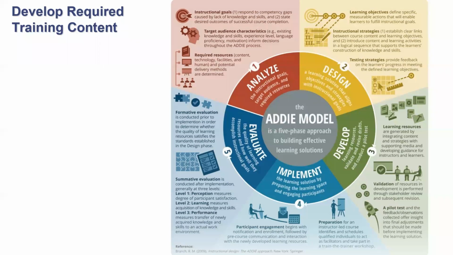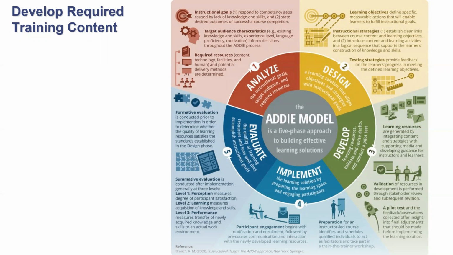Next is the implementation. So after development, you should have your course content, and now we're ready to implement. And this is really where we are making sure everything's been fully tested. Now we're ready to share with the learner. And the decisions that are made in the design phase influence how you're actually going to carry out the course. So in a majority of cases, courses could be uploaded, maybe you have a learning management system.